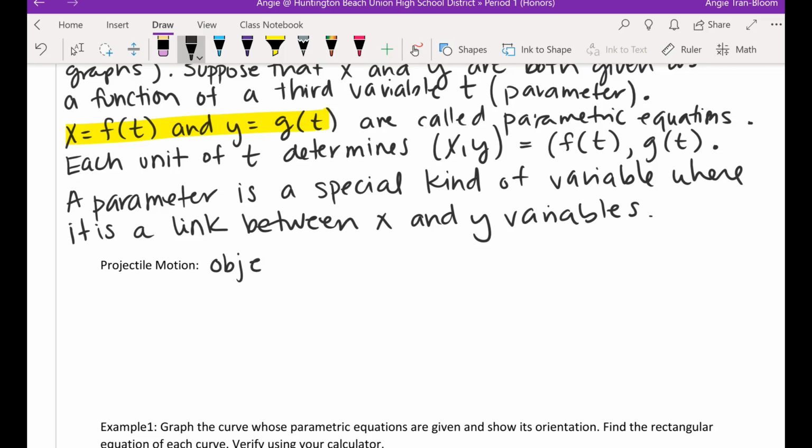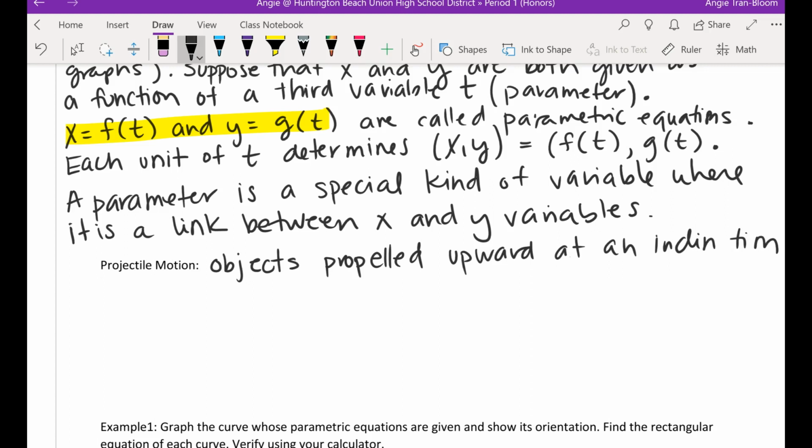Projectile motion are normally objects propelled upward at an inclination angle called theta to the horizontal.